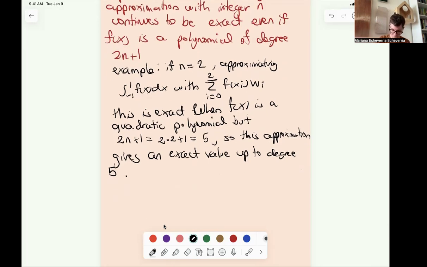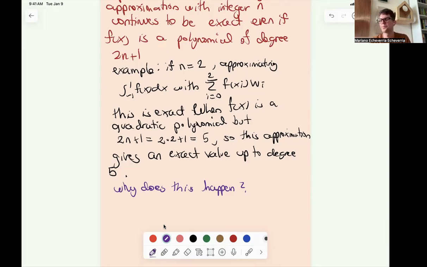It's a bit of an abstract proof, but it's worth looking at because it's a nice excuse to go through some of the material we have done before.